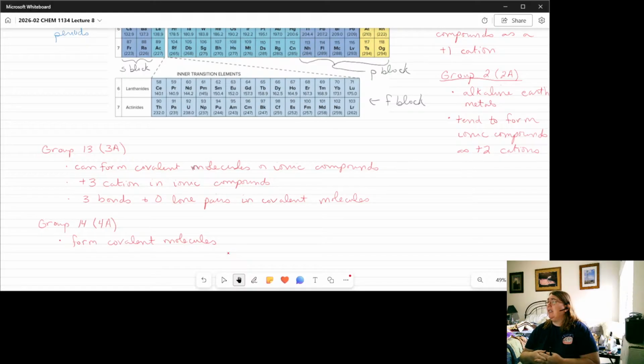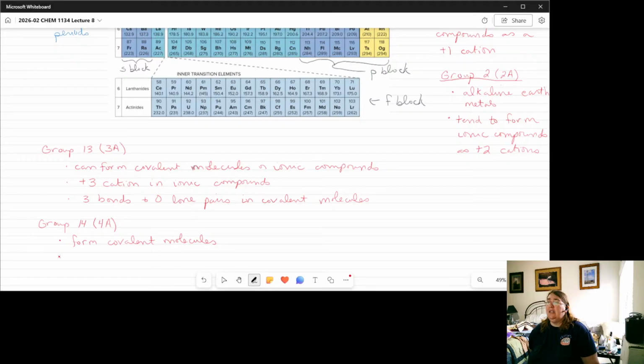Either one of those is just not really a great stable configuration for it. So because of that, it forms covalent bonds because it needs the electrons to stabilize itself quantum mechanically, but it can't just take the electrons away from something because it wouldn't be stable. So it has to share electrons with other things, and that's why it tends to form covalent bonds. I'm not saying that you won't ever see it in an ionic bond situation, but it's very, very rare, and I can't think of anything off the top of my head.